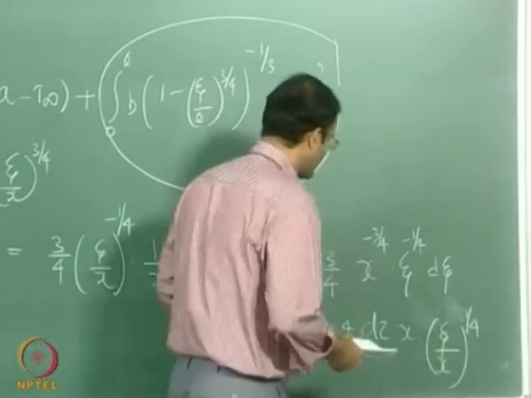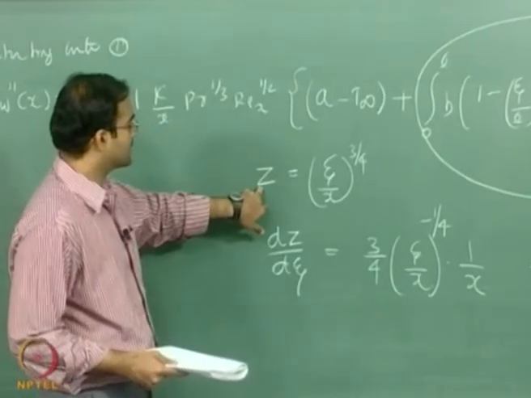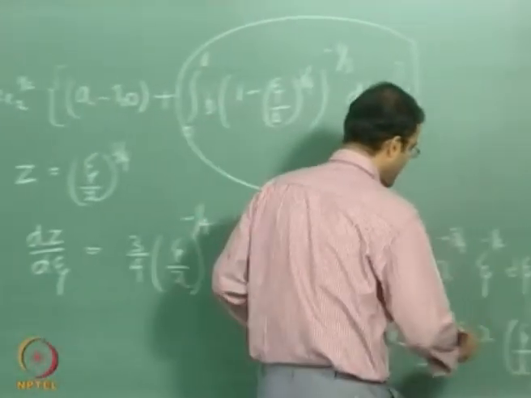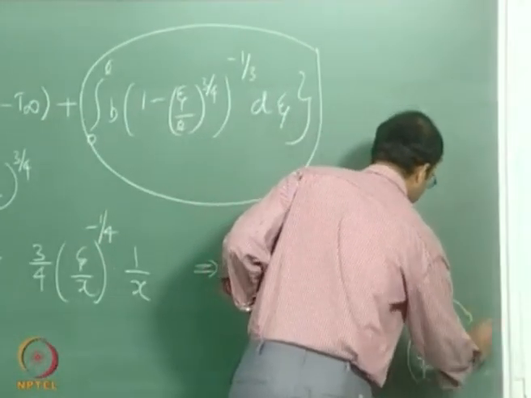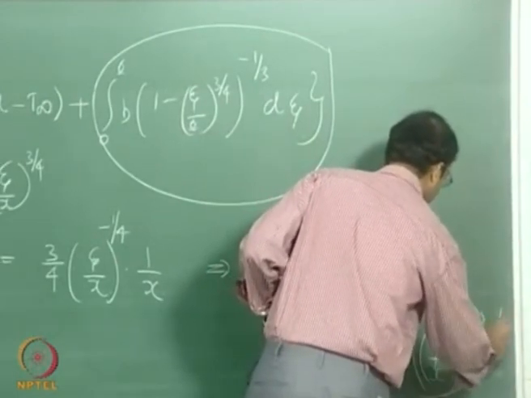So now zeta by x to the power 1 by 4 is nothing but z to the power 1 by 3. So this entire thing I can rewrite as z to the power 1/3.